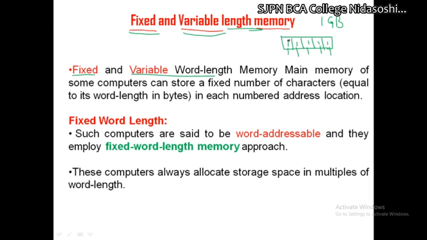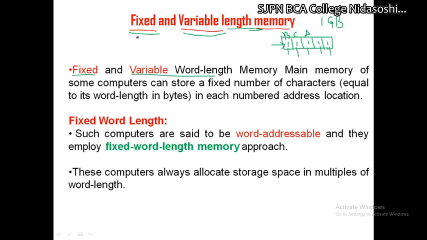For example, in this memory I can store one word, BCA. I can store BCA like this. That means every cell contains one character, and BCA is one word. It may be a fixed word, it may be a variable length word. That means sometimes it cannot change, sometimes it may change. So that is called fixed and variable length.